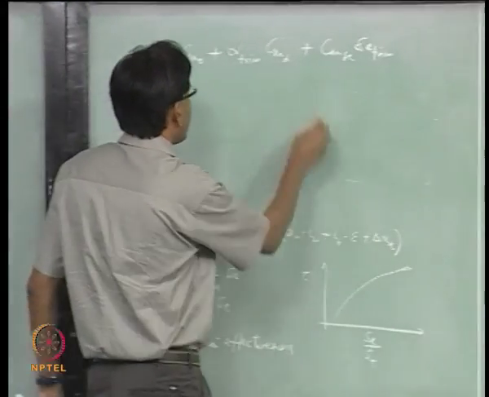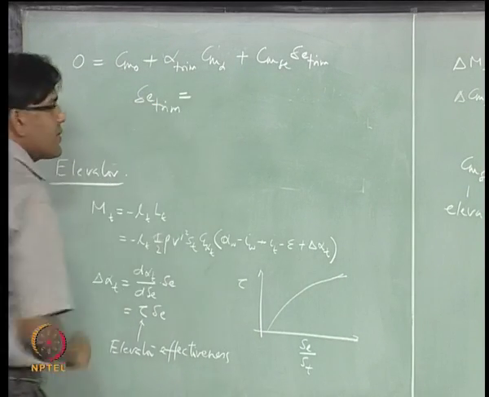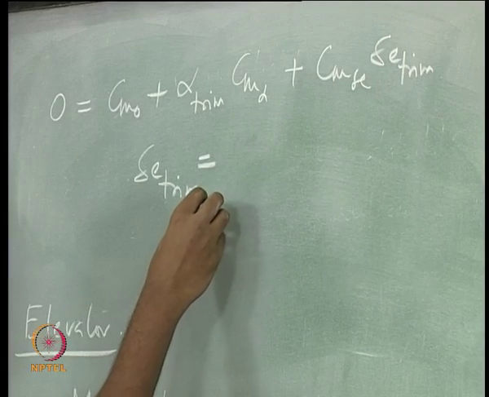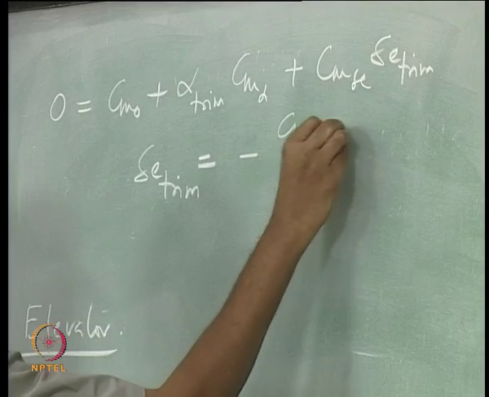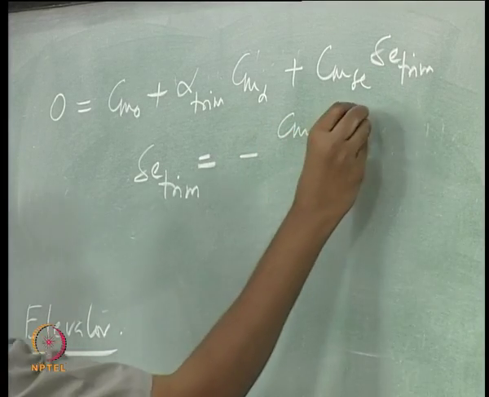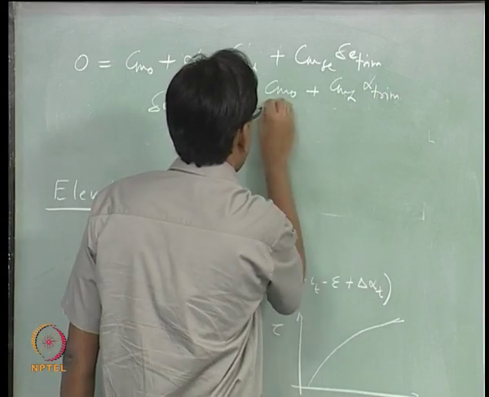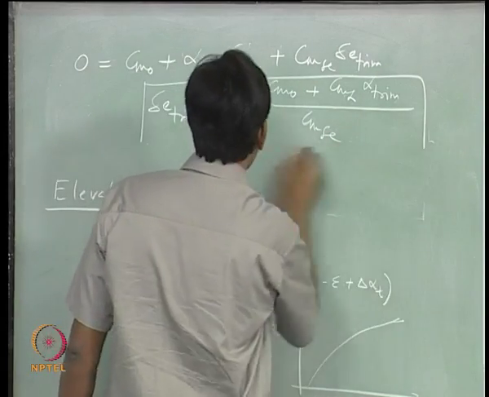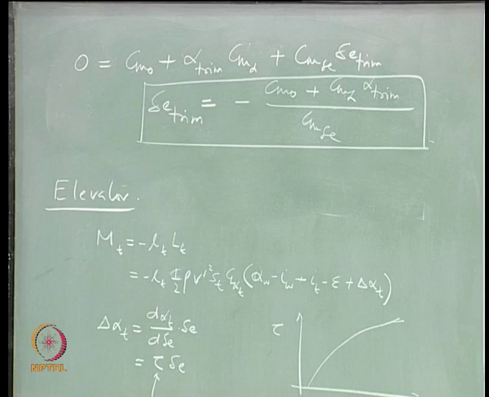Okay, so let us try to find out what is delta E trim required for getting any particular alpha trim. Okay.